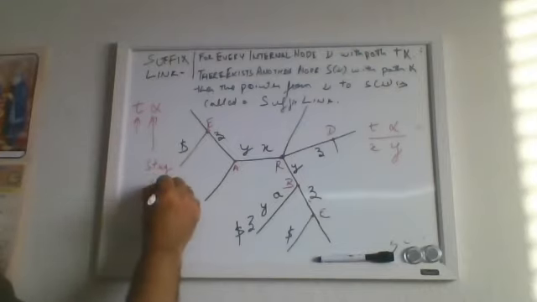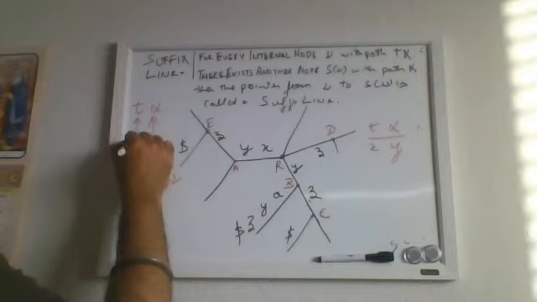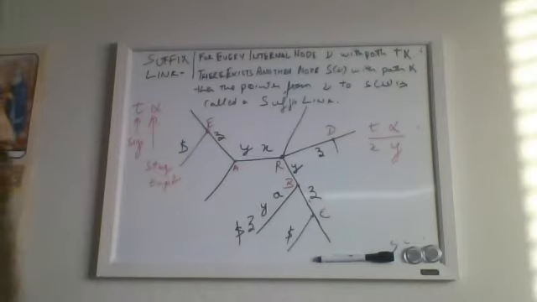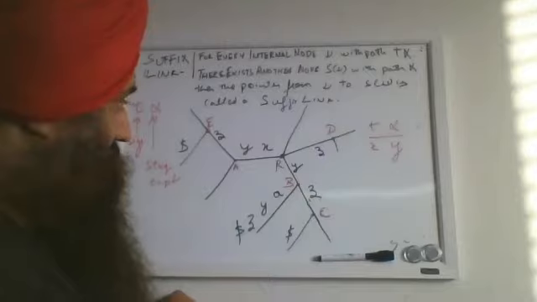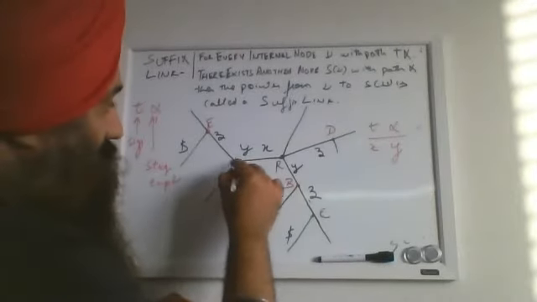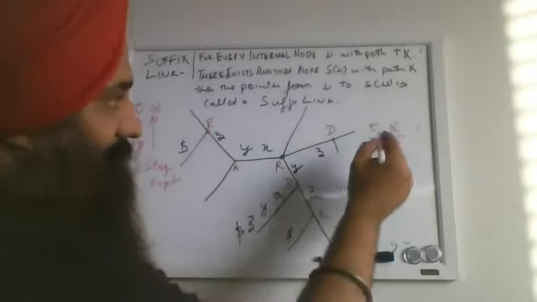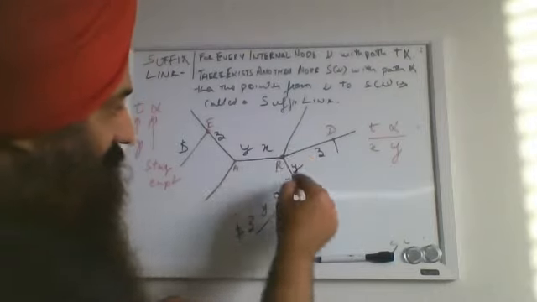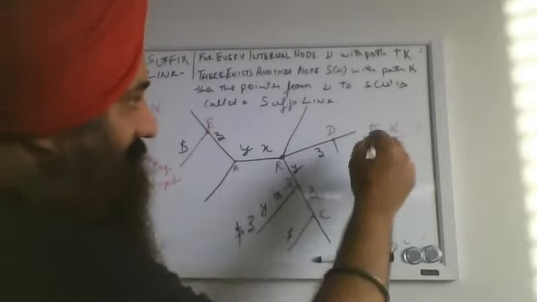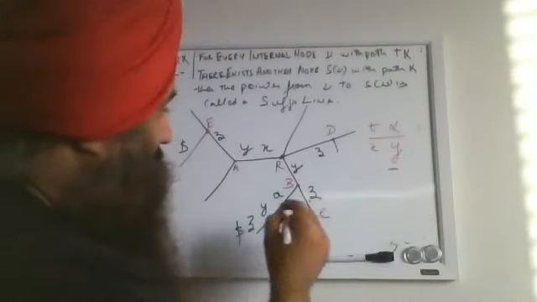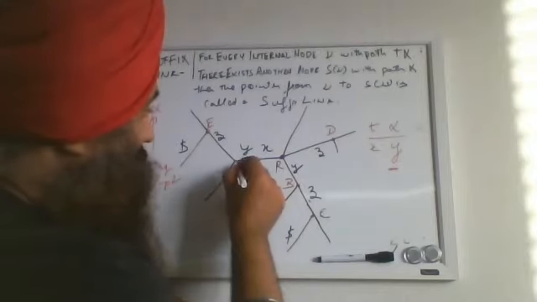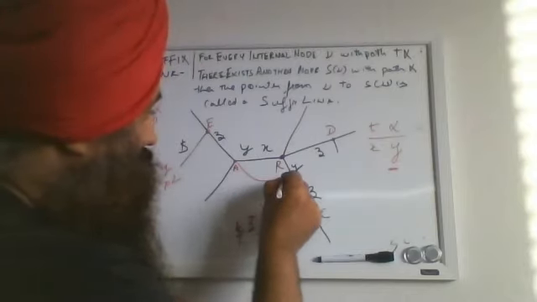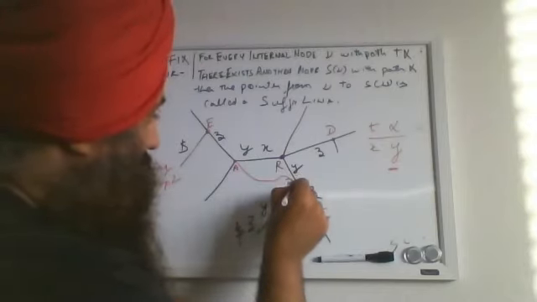It could be an empty string. T will be a single character. So that's the definition of a suffix link. So node A starting from root is labeled as xy. Now consider the node B, it's y. So in that case, alpha is y. So a link from A to B is called a suffix link.